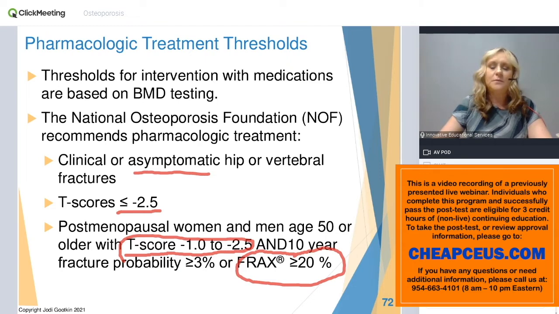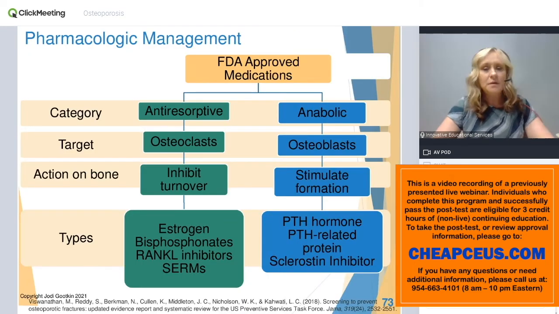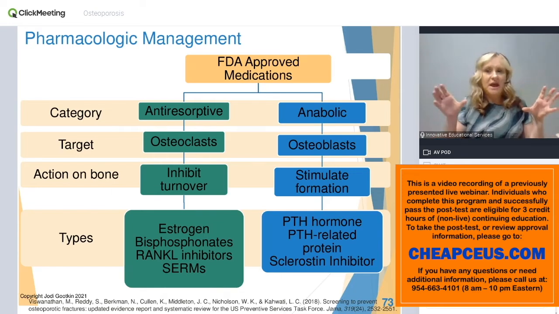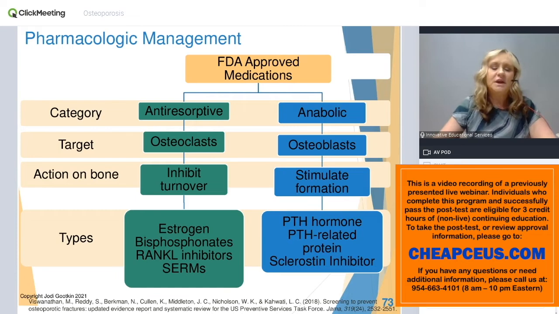The FDA has two main categories of approved medications to manage osteoporosis. They have different molecular and cellular targets to exert their action that will target different causes or components of this process that leads to osteoporosis and the demineralization of the bone.